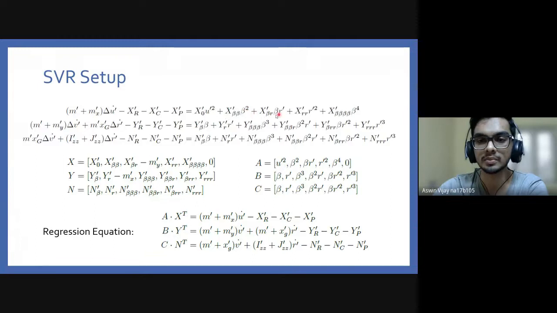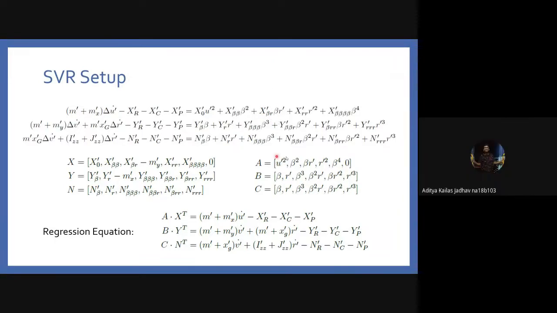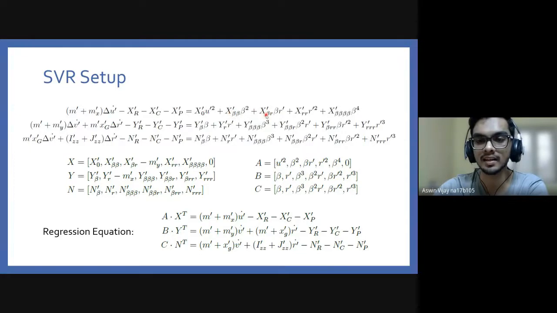So any increase in beta square, you will get a direct increase in beta r also. Both these terms are related. The regressor sees them as being related, so if it tries to increase one of these, this will also increase.